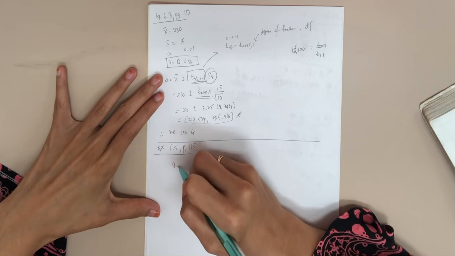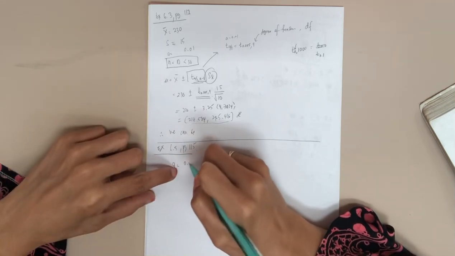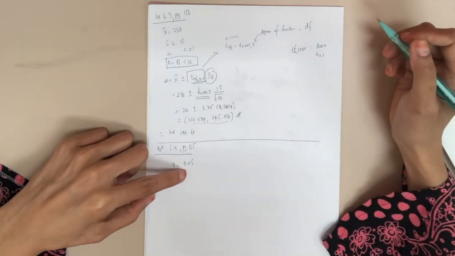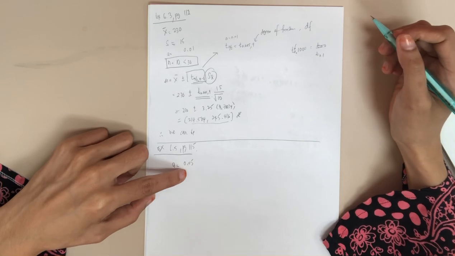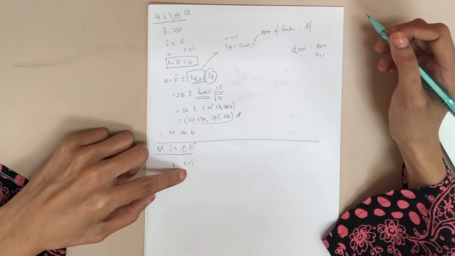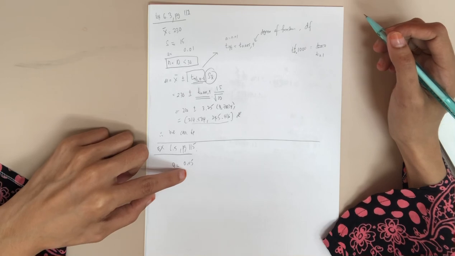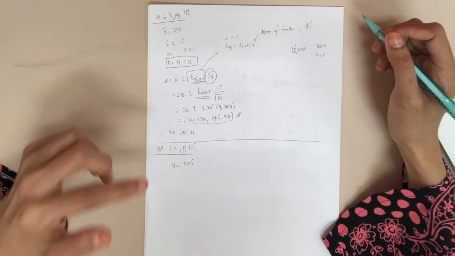So from the 95%, you know that your alpha will be 0.05. Then, that his sample mean will be within 15 seconds.